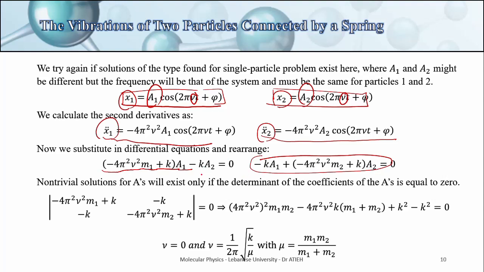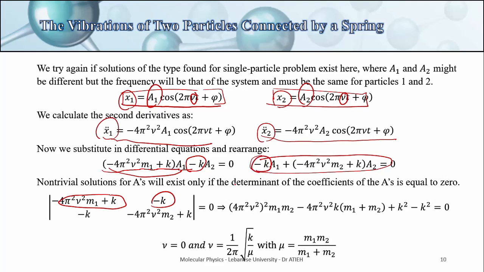So, non-trivial solutions for a1 and a2 exist, there are amplitudes for oscillations, if they satisfy these two equations at the same time. And this is true if the determinant is equal to 0. This determinant, so we arrange it: the first coefficient multiplied by a1, the second coefficient multiplied by a2.